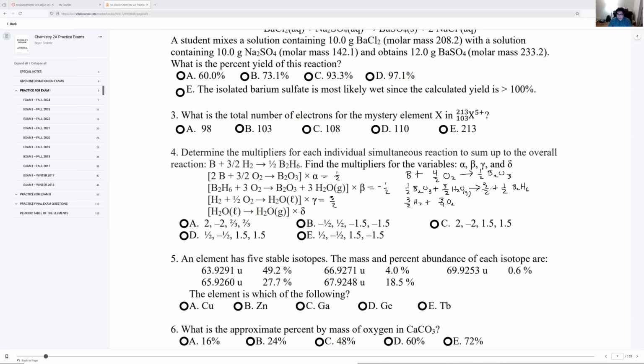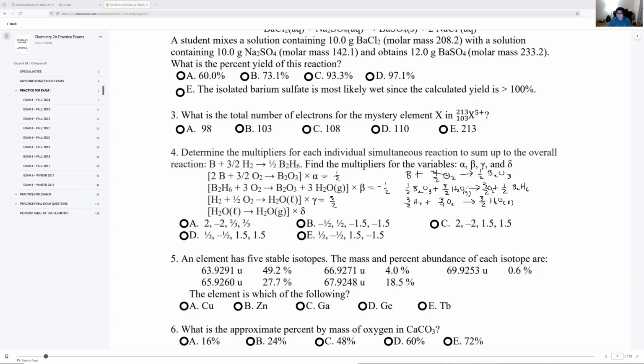Oh wait, I wrote 3/2, but it should be 3/2 O2. Yields 3/2 H2O liquid. And then what you would do here is double check that everything properly cancels.